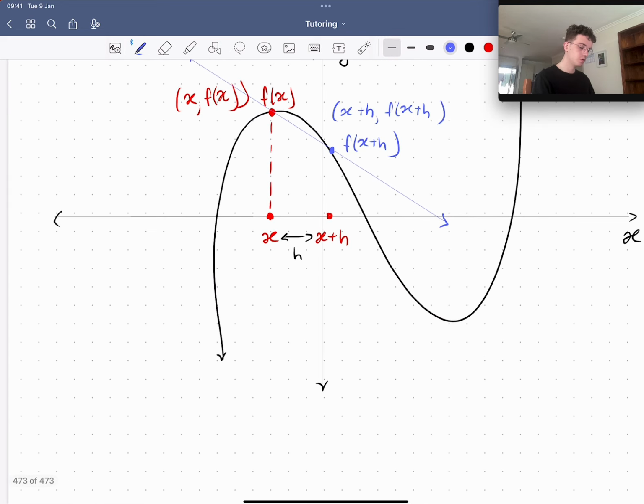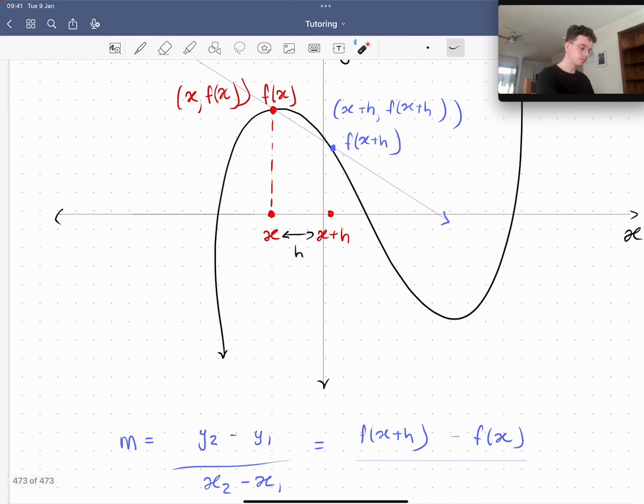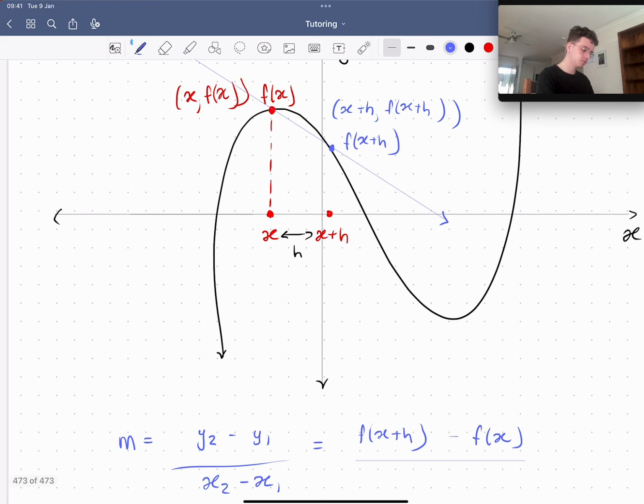So, using our formula, gradient m is equal to y2 minus y1 over x2 minus x1. That is equal to y2, which is f of x plus h, minus y1, which is f of x, over x plus h, x2, minus x, x1.